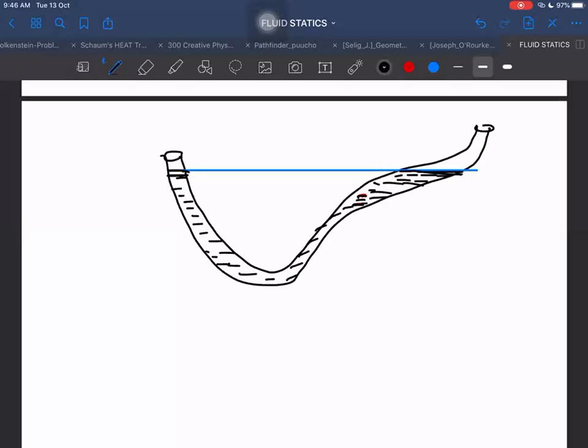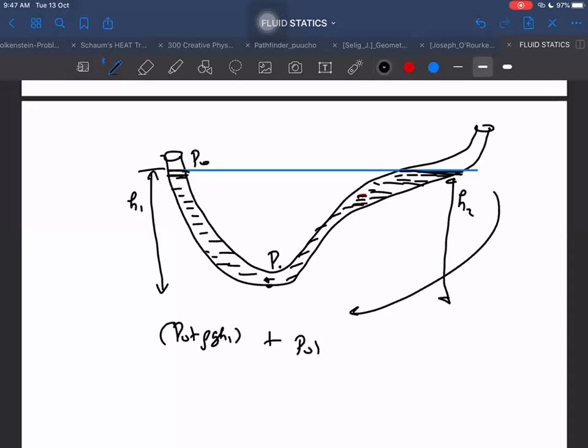Let us say their levels are not the same. Let us say this level is H1 and this level is H2. Then what am I getting here? If I calculate the pressure at the bottom starting from here, it will become P naught plus rho g H1. But if I calculate from this side, it will become P naught plus rho g H2. And we know the pressure from the left side and from the right side will be equal at the same point.